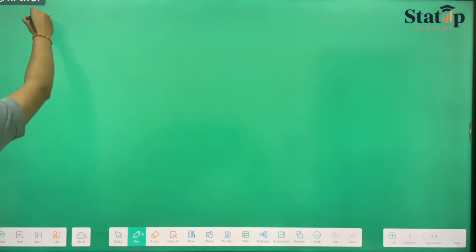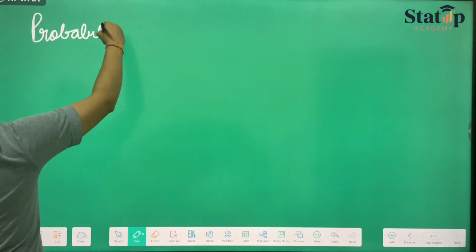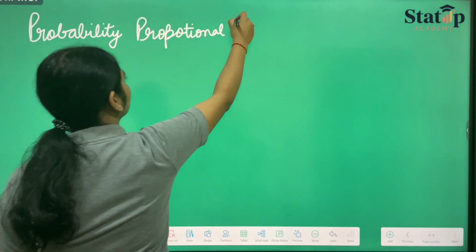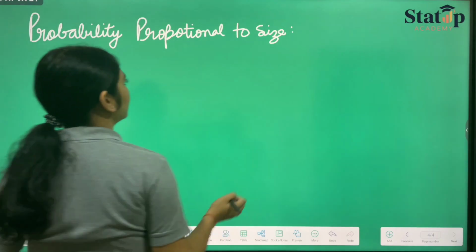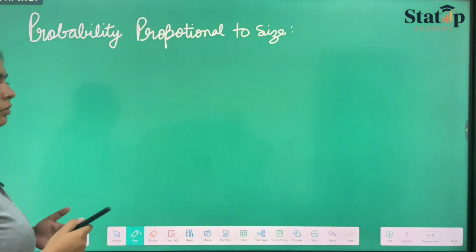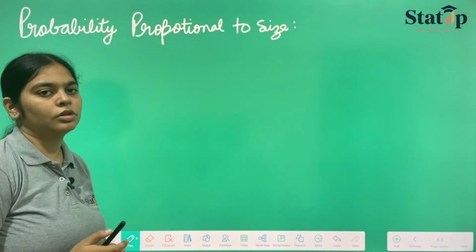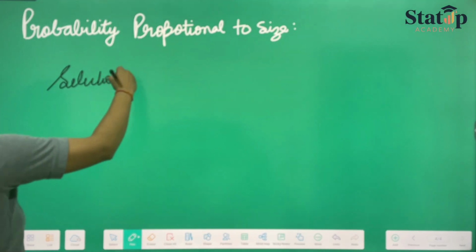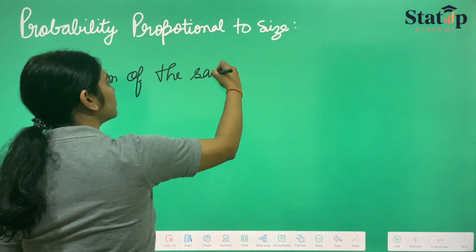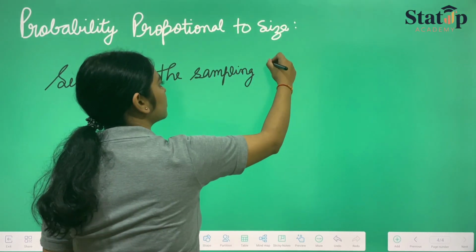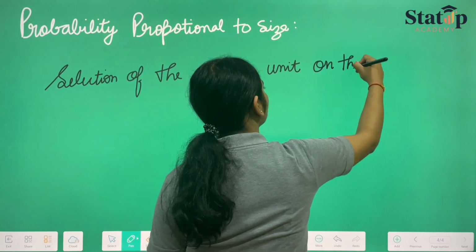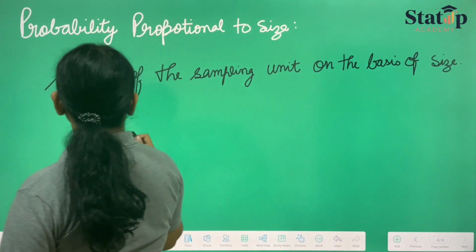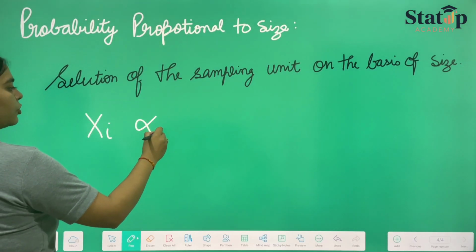Now, what is probability proportional to size? If we select a sample on the basis of size, so if we are selecting xi sample, then it is proportional to its size.